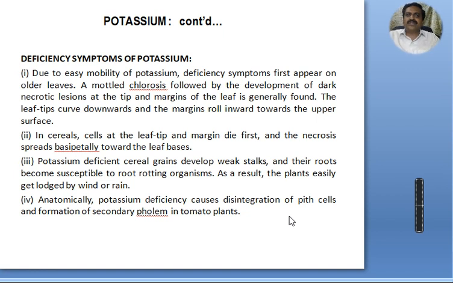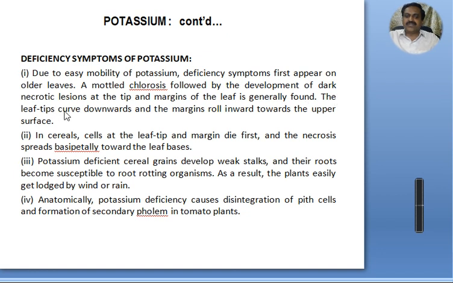When potassium is present in minimum concentrations, it shows the following deficiency symptoms. Due to the easy mobility of potassium, deficiency symptoms first appear on the older leaves, a mottled chlorosis, that is removal of chlorophyll, followed by the development of dark necrotic lesions at the tip and margins of the leaf is generally found.